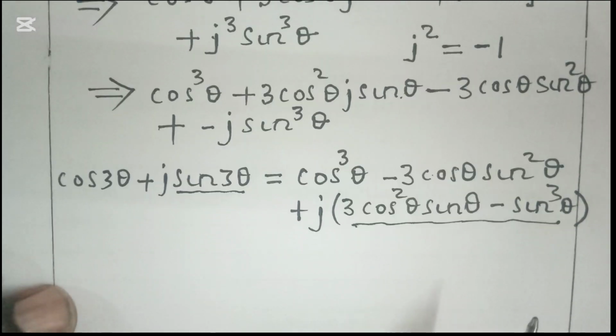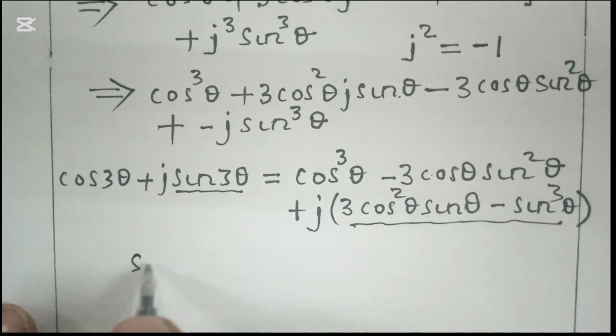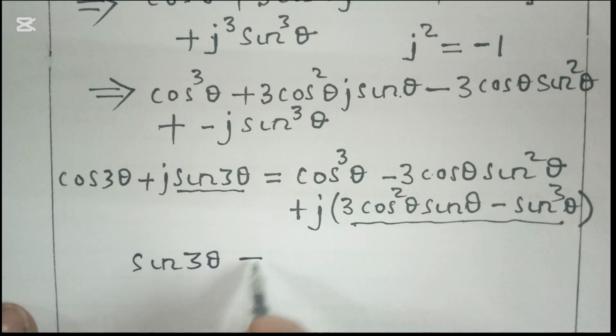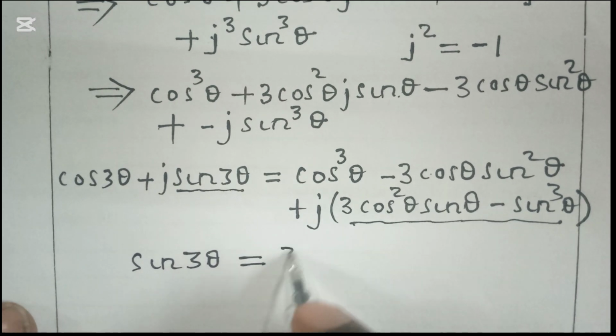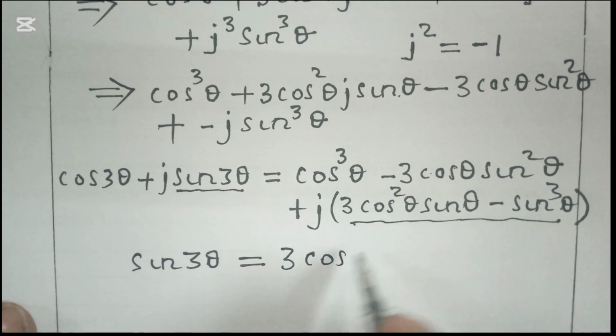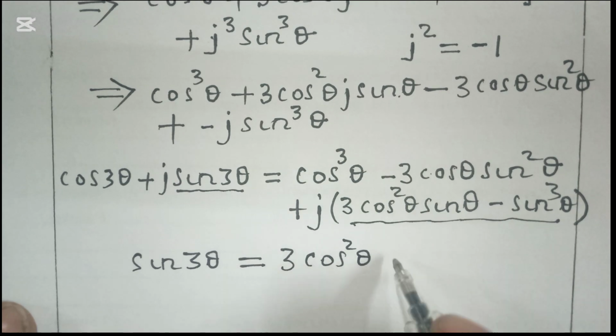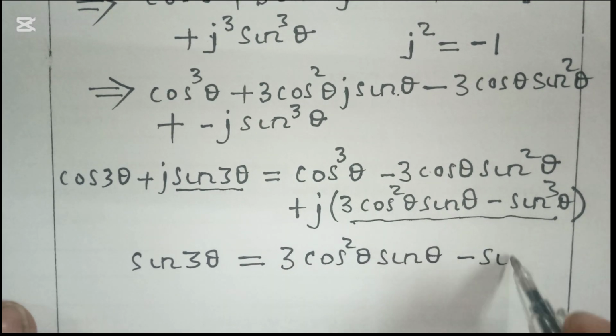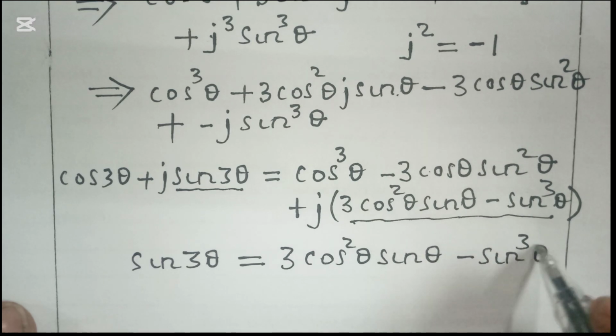And so therefore I will have sine 3 theta equal to 3 cos squared theta sine theta minus sine cubed theta.